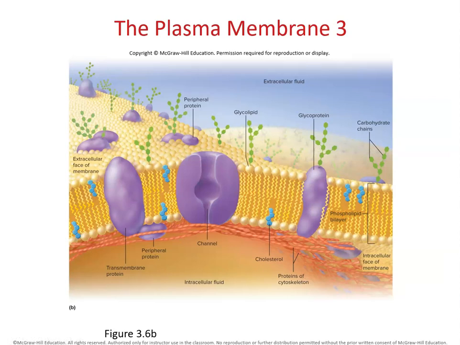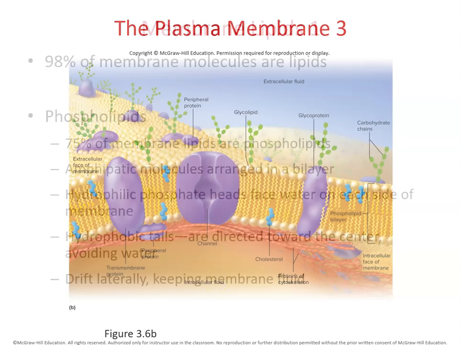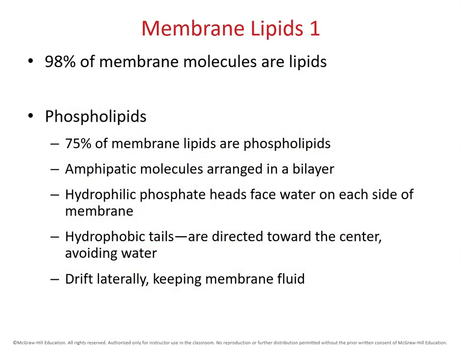Here's a cartoon of what the lipid membrane looks like, that plasma membrane made of phospholipids with proteins embedded and other lipids incorporated. If we were to count the number of molecules and identify them as either being lipids or something else, 98% of the molecules would be lipids.